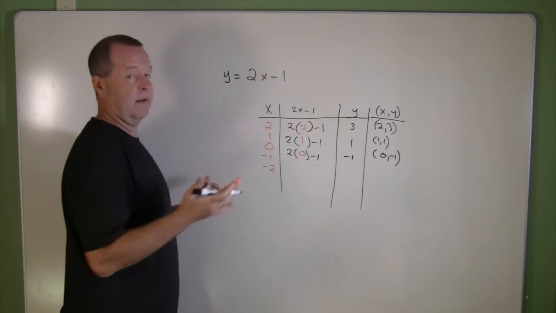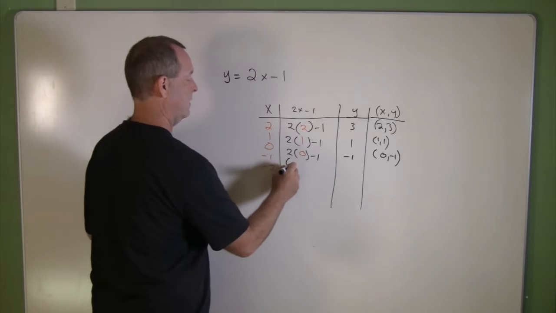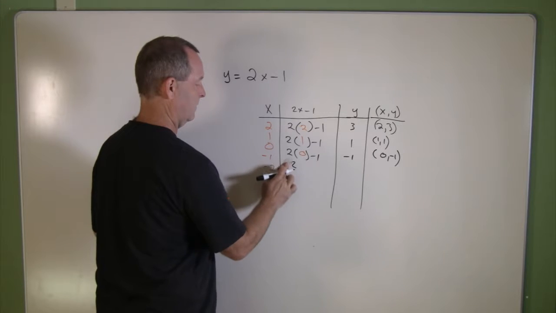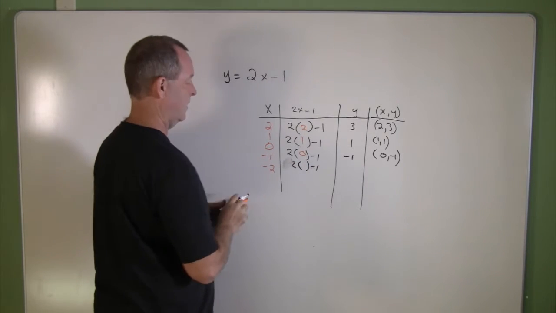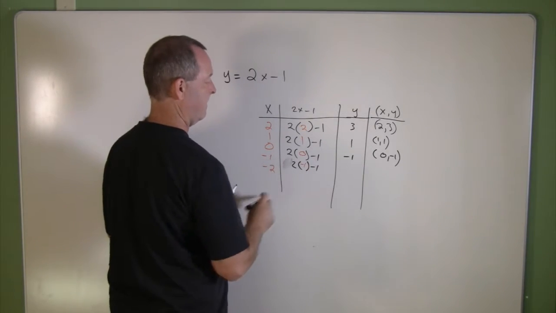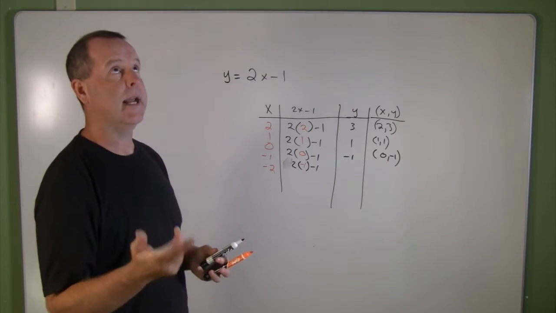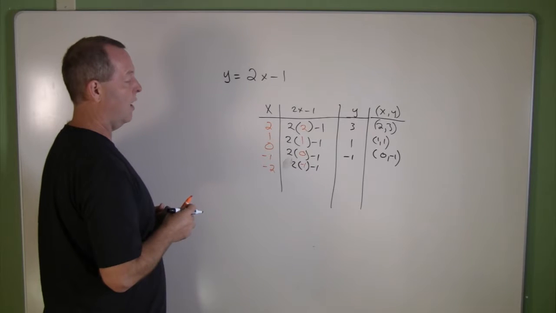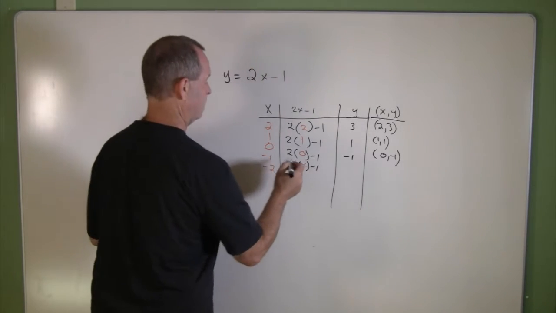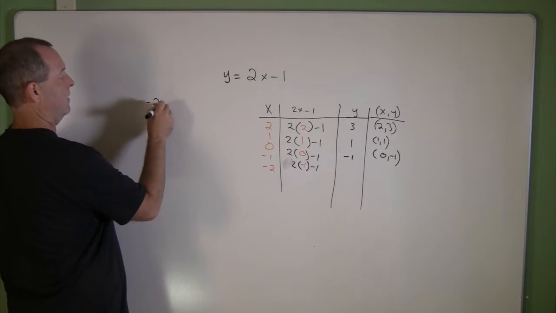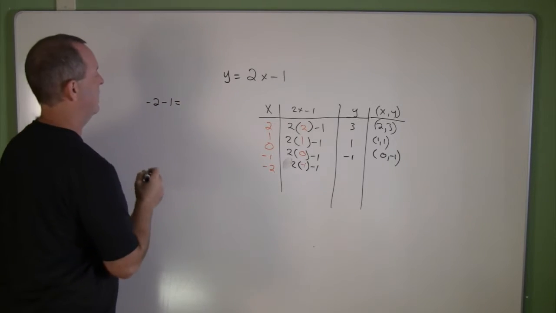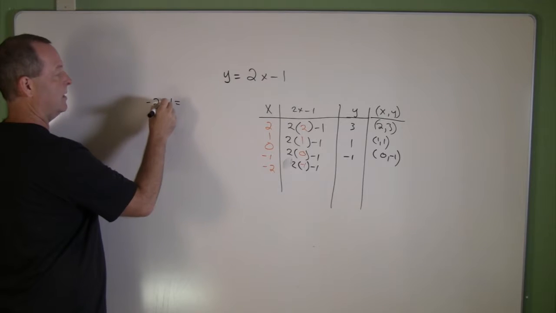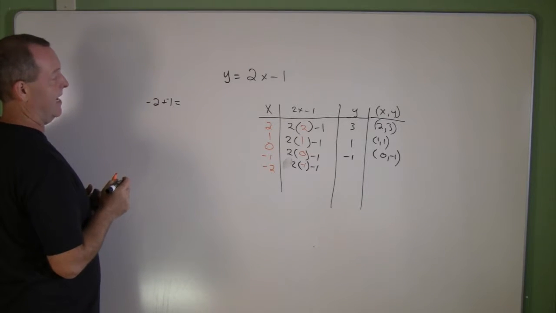Now I have -1 here as a value that I chose for x. 2 times -1 is -2. -2 take away a 1, I've got to think that through. -2 take away a 1 equals... sometimes when taking away, I remember I can change it to adding a negative, so I add -1 to that.